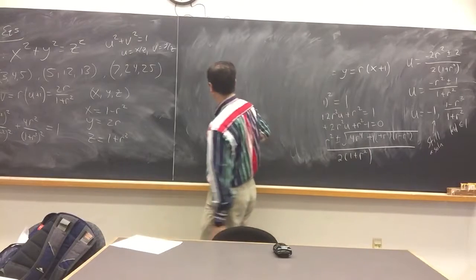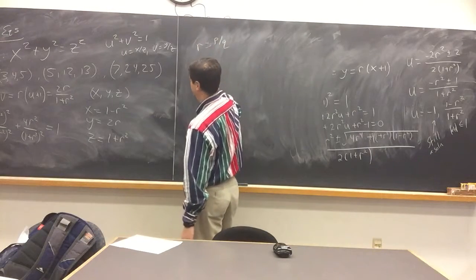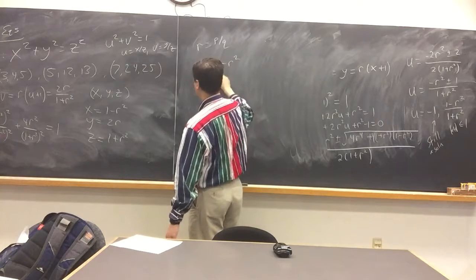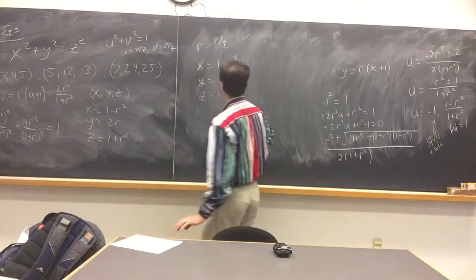So to just quickly clear it, let's say r equals p over q, the most general thing. So x is 1 minus r squared, y is 2r, z is 1 plus r squared.